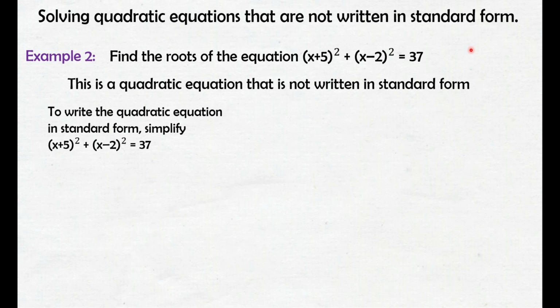So to write a quadratic equation in standard form, simplify quantity x plus 5 square plus quantity x minus 2 square equals 37. So kailangan nating expand itong dalawang square of binomial na ito. So pwede natin siyang i-rewrite as ganyan. X plus 5 times x plus 5. Tapos itong x minus 2 square naman, pwede siyang x minus 2 times x minus 2.